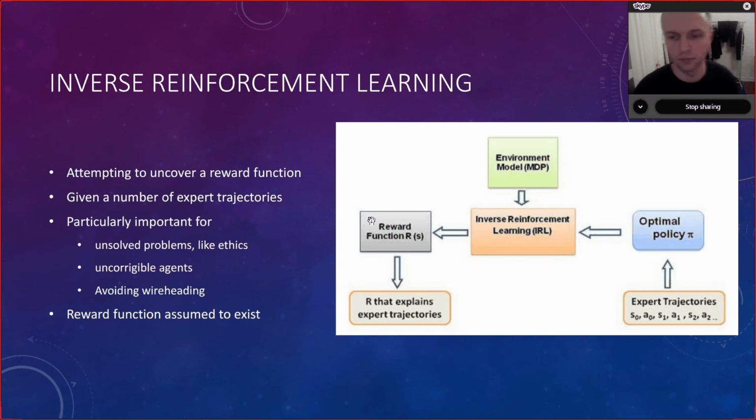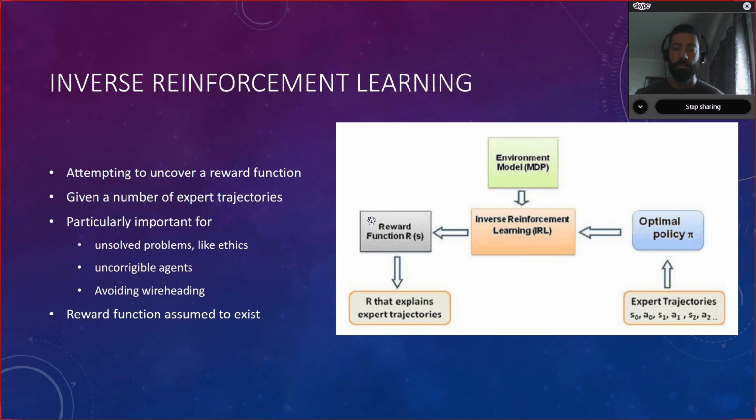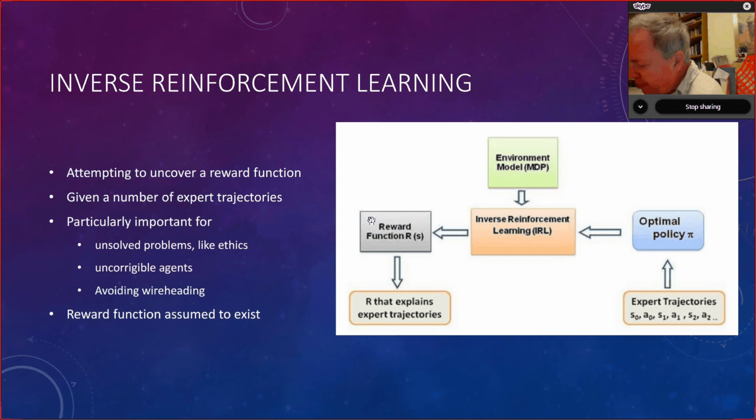Oh, the wireheading. It's a kind of science fiction concept, where you imagine that you can transplant a wire directly into the pleasure centers of your brain. So you do brain surgery on yourself. And if you can do that, then you can just put some electrical current directly into your brain, and it will feel really, really good.